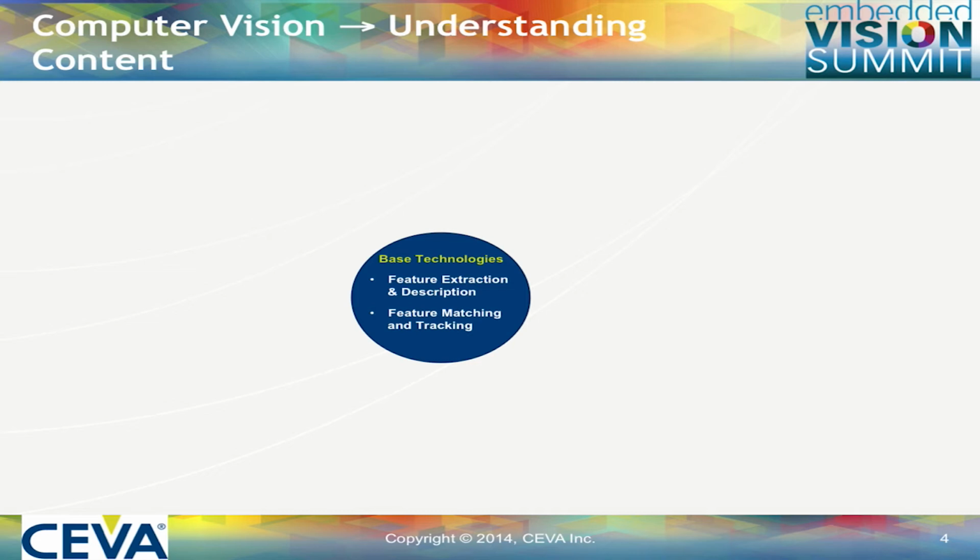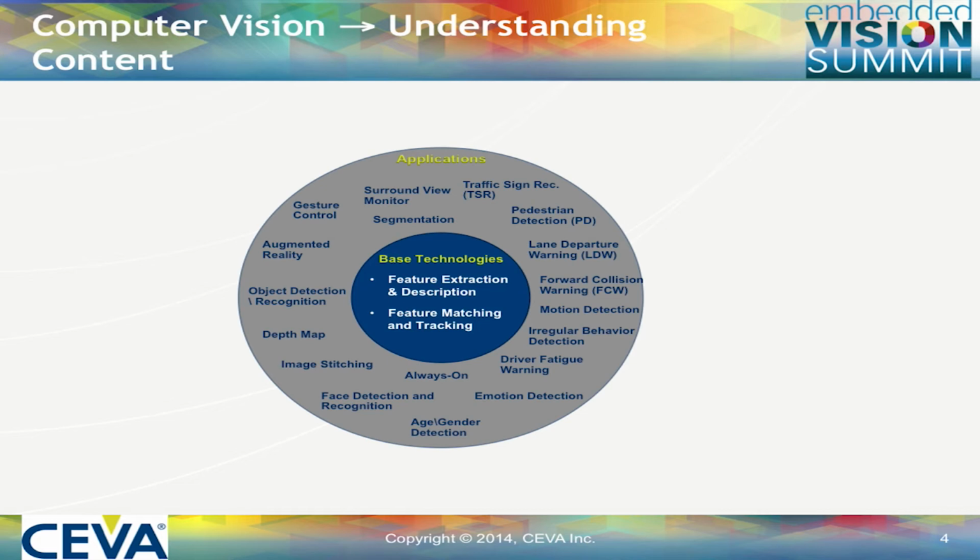So I'm going to try to convince you in this presentation that DSP software implementation is the way to go in the world of computer vision. I'm going to try to do that by saying that we have all these applications that use feature extraction and description technologies.